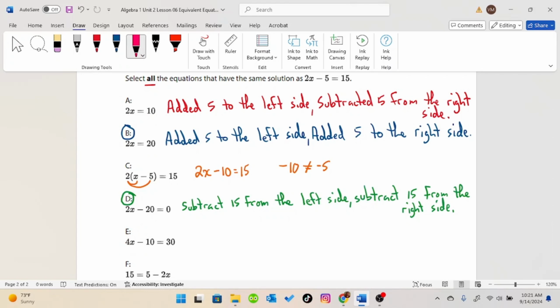Choice E. To go from 2x to 4x, you multiply by 2. To go from -5 to -10, you multiply by 2. And to go from 15 to 30, you multiply by 2.